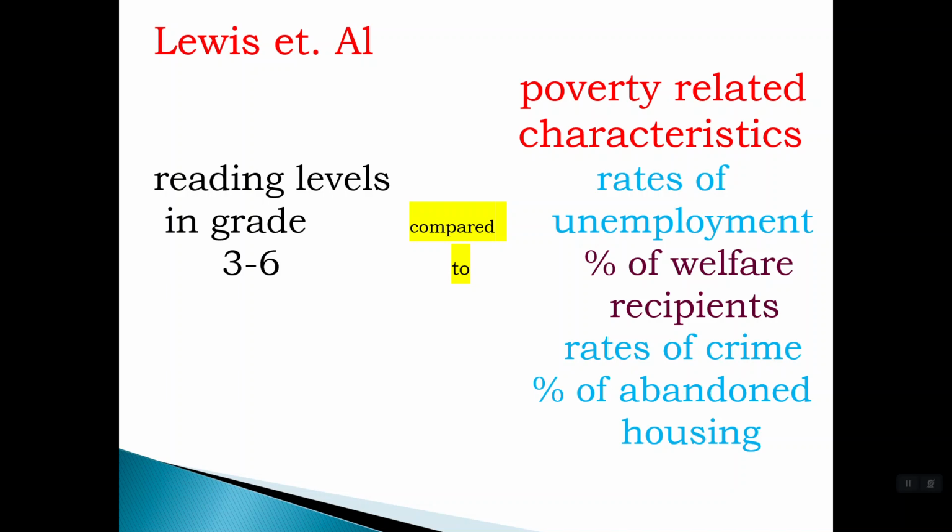And the results of their study showed that there appears to be what they called a threshold point regarding how many students in one school live in poverty and how well the students of the school as a whole are doing regarding academic achievement. In other words, once there's a certain percentage of students living in poverty, there's really no way, or it's extremely unlikely, that the school as a whole can have high achievement scores in reading.